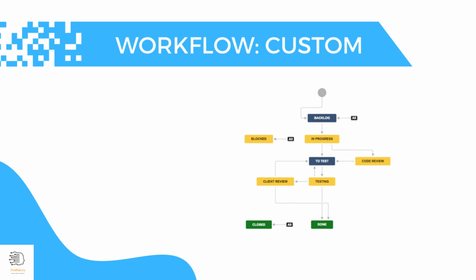We can customize the workflows based on the business need or the issues that we are working on. In a later advanced session on how to create a workflow, I'm going to explain how we can create the statuses and how we can define the transitions.